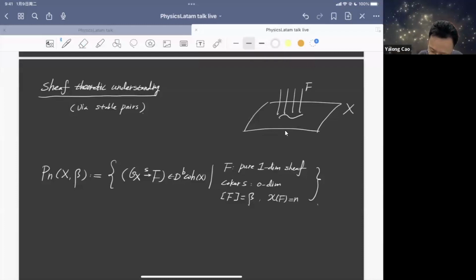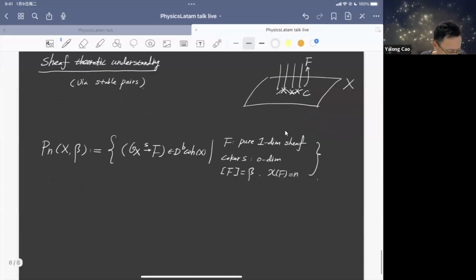And there's some section of this sheaf, and the cokernel is some points sitting inside this curve. Okay, so this is the geometric picture of such stable pairs. You can pretend this is some bundle over a curve, you have some section, and then you have some cokernels.